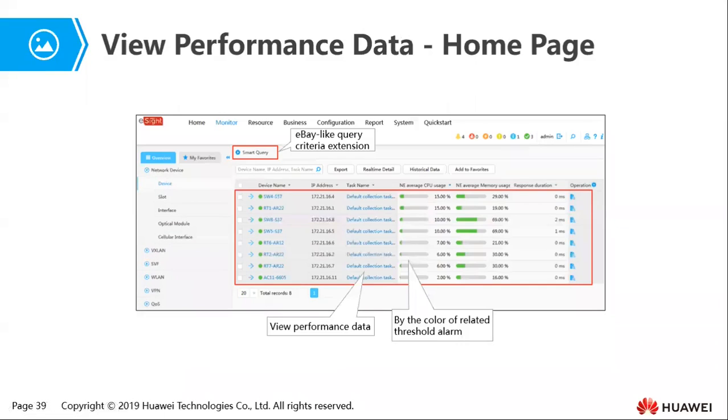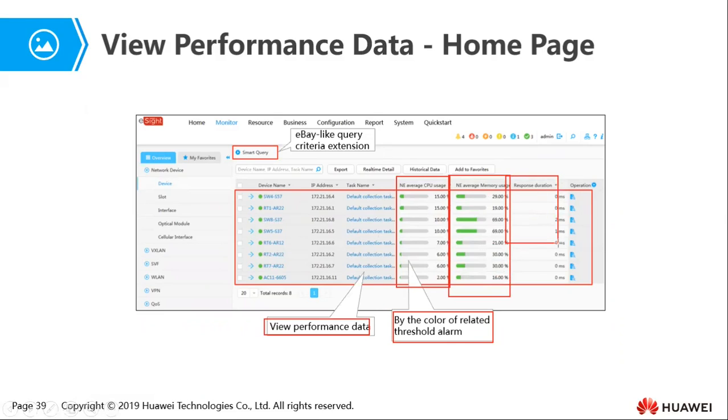So if you go to the home page, you should be able to view the performance of each of those network elements, and you can see the color that is related to the threshold alarm. So you can see that the CPU usage is green because everything is okay, memory usage, response time, and so on. So that is what you see.